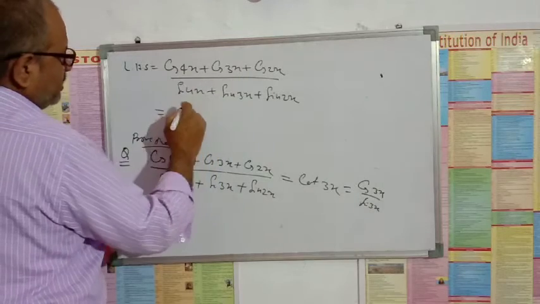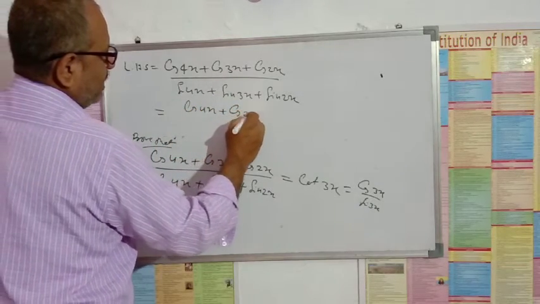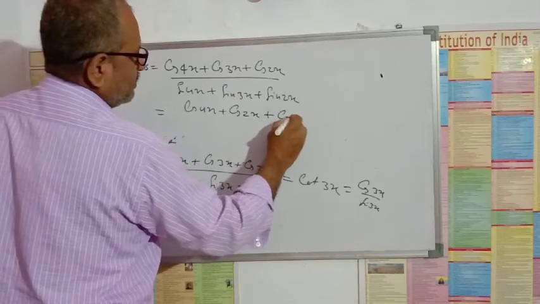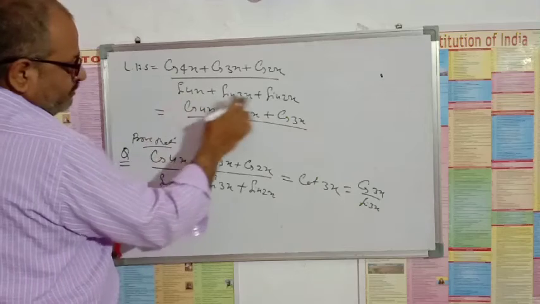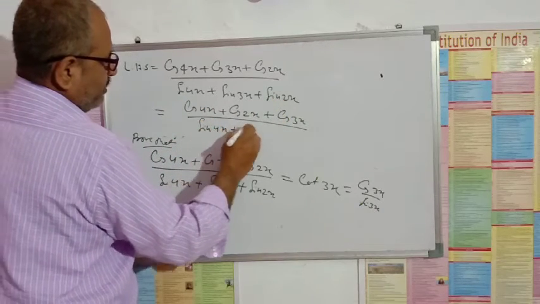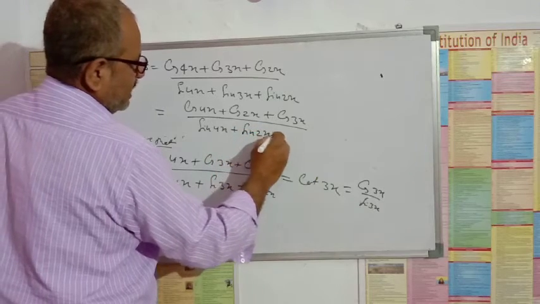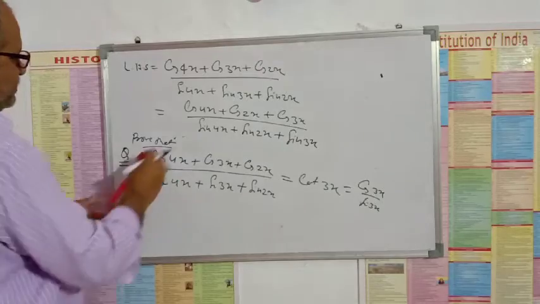Write these two terms together: (cos 4x plus cos 2x plus cos 3x) whole upon (sin 4x plus sin 2x plus sin 3x).